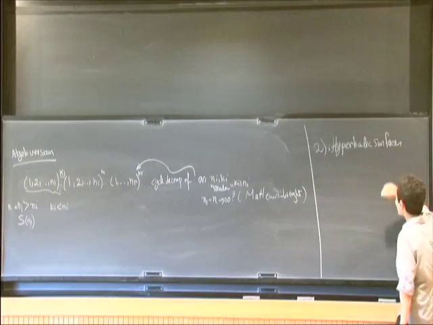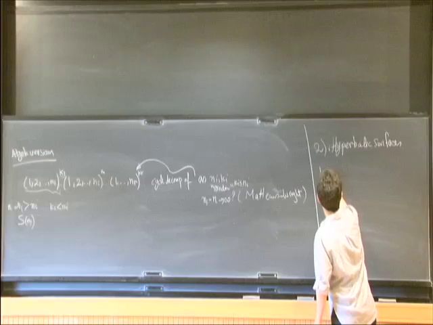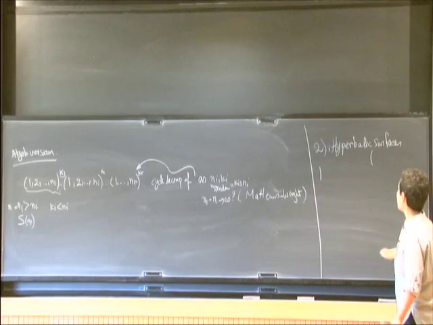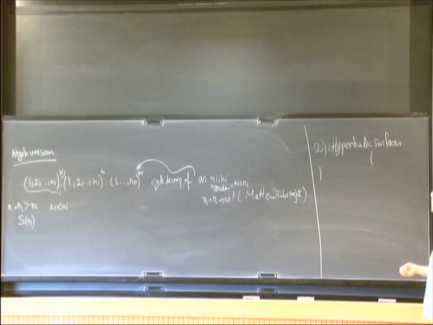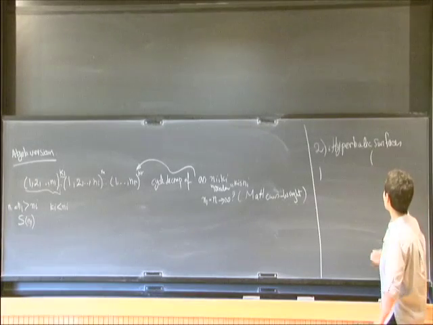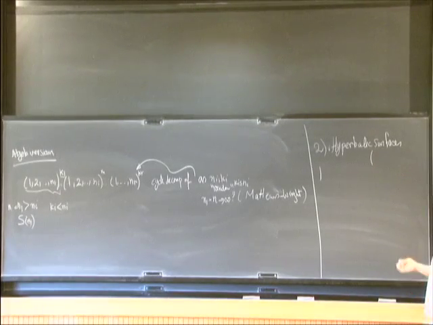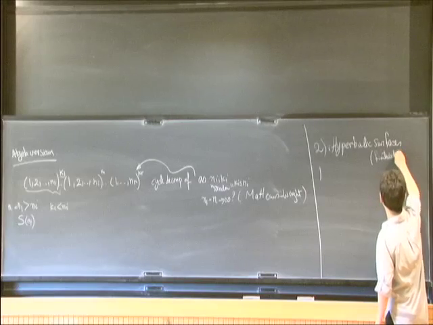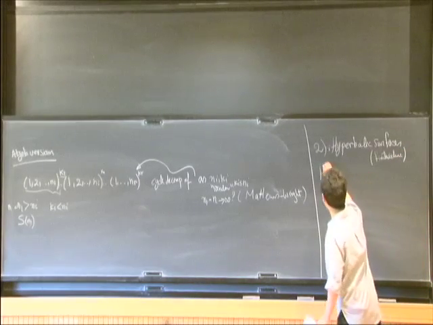So you have a hyperbolic surface, a surface of genus bigger than or equal to 2, or maybe with some punctures, and you have a metric of curvature -1, which is complete on your surface.